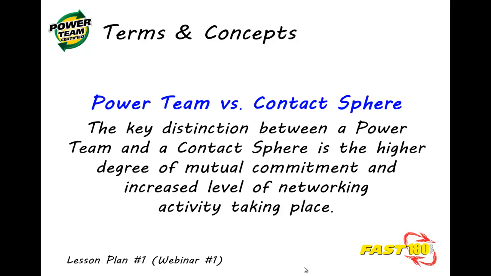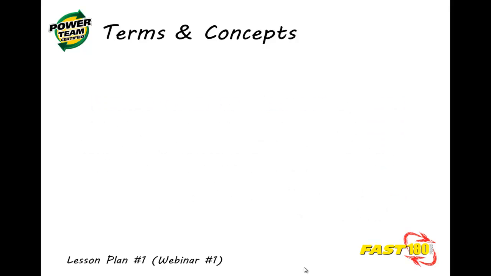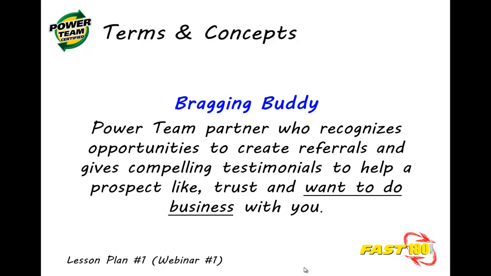So as you're going to see, we're going to get into quite a bit of detail on how different contact spheres can work together based on the key situations. So let's keep moving forward through these terms. Bragging buddy. You'll hear me talk a lot about the bragging buddy. The bragging buddy is somebody who helps a prospect like, trust, and want to do business with you.